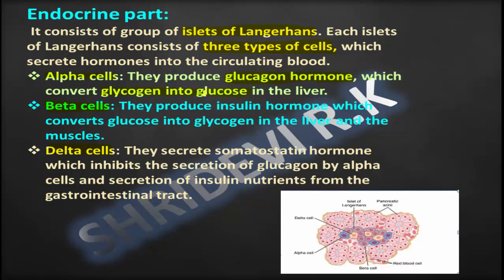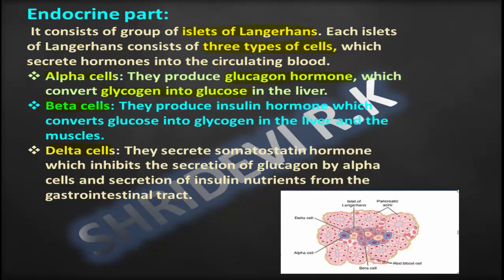So alpha cells of the islets of Langerhans, also called A cells, produce the hormone glucagon. This term is very important. What is the function of glucagon? Glucagon converts the stored glycogen into glucose.